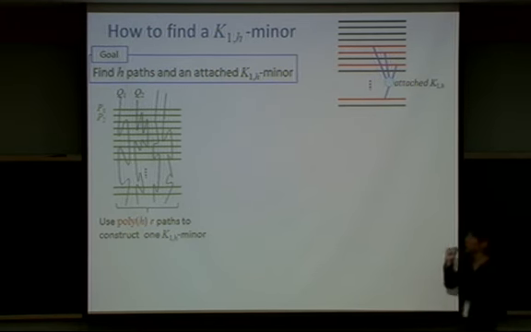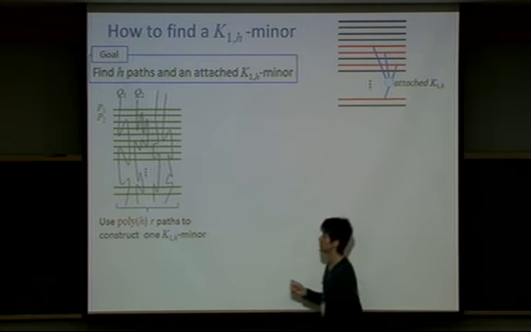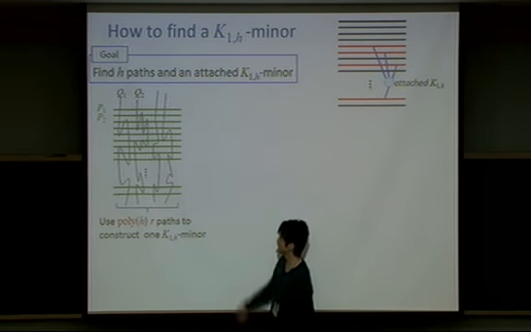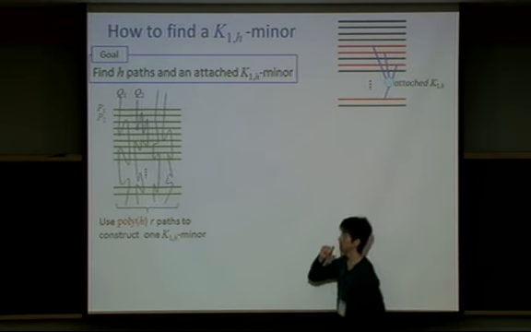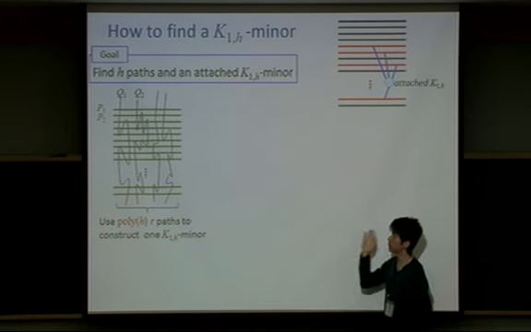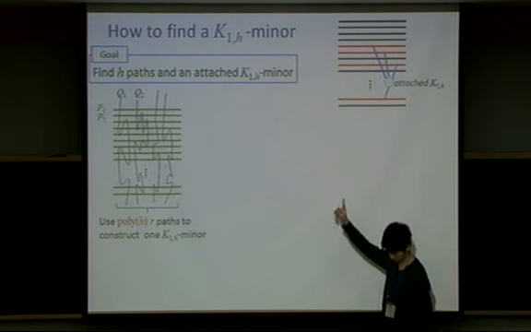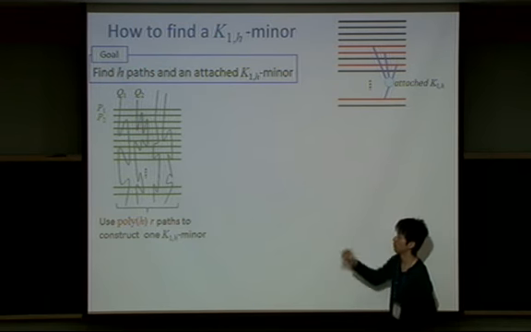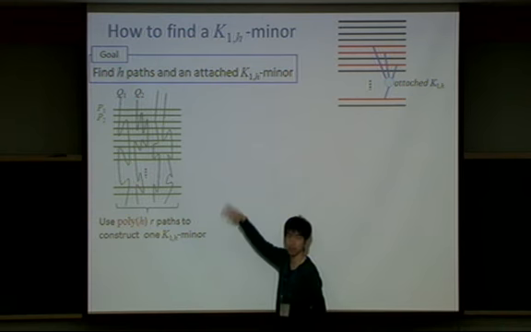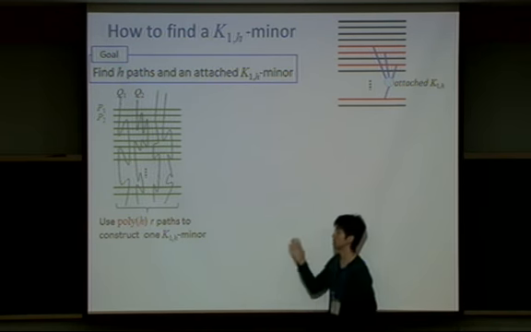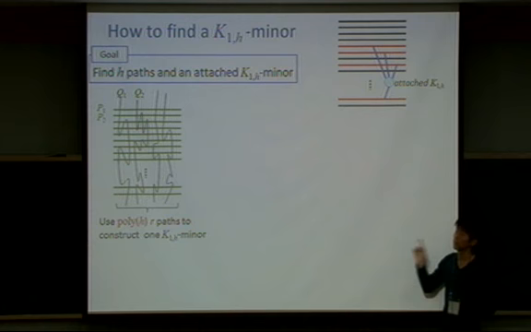To find a K1H minor, we use many vertical paths to construct one K1H minor. Because in the original proof they use only one path to represent one attached component. But on the other hand, in our case, we use many vertical paths to represent one K1H minor.